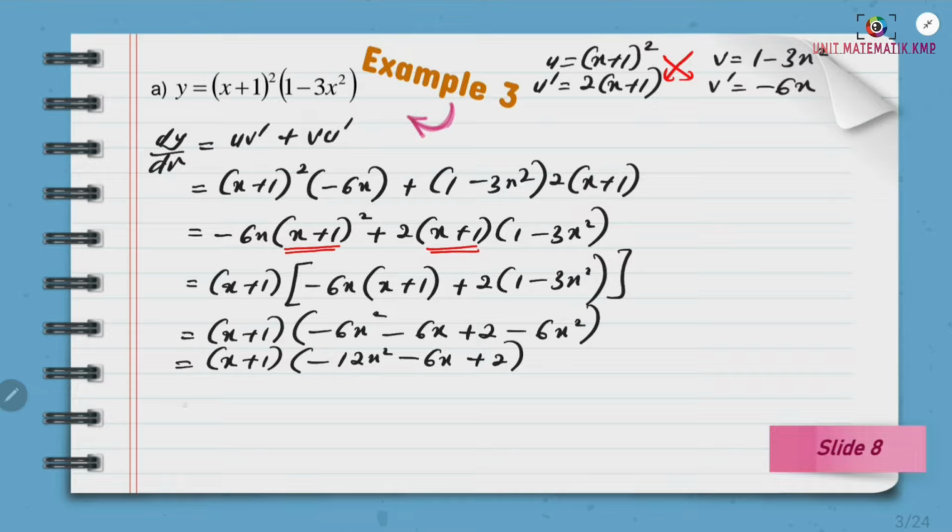And we can factorize the second bracket. We factorize negative 2. We have negative 2 times (x + 1) times (6x² + 3x − 1).